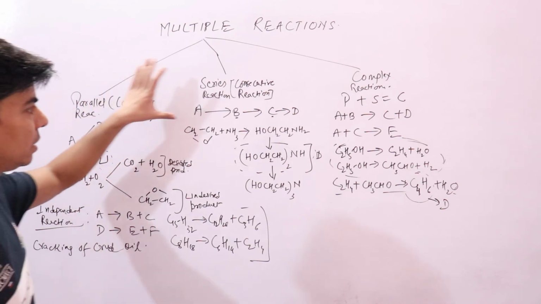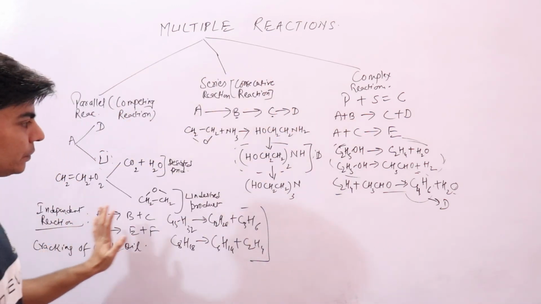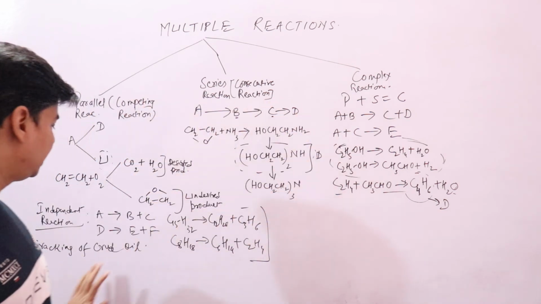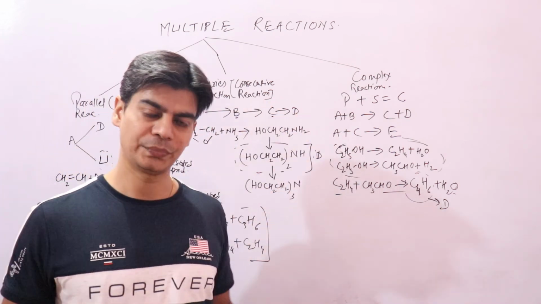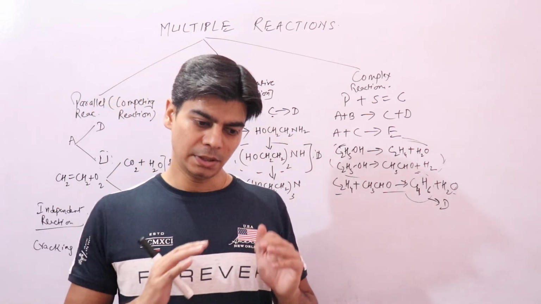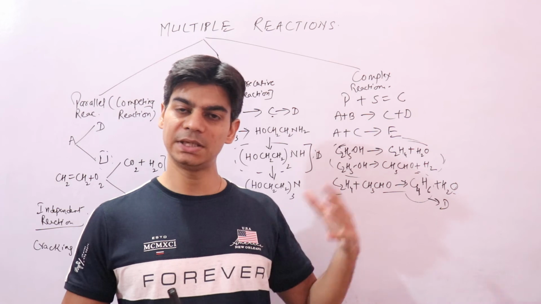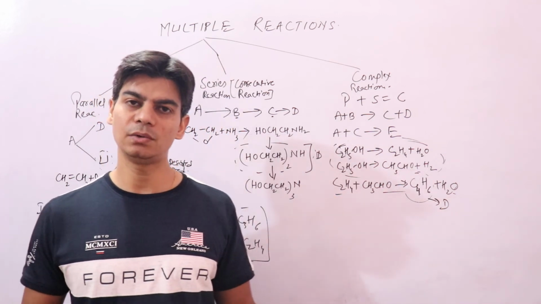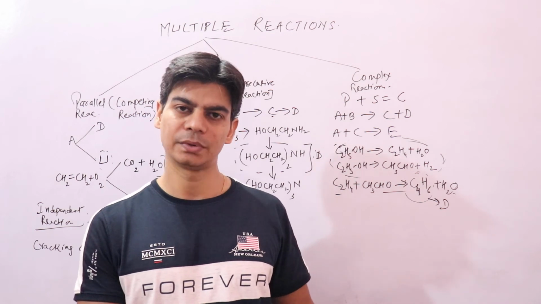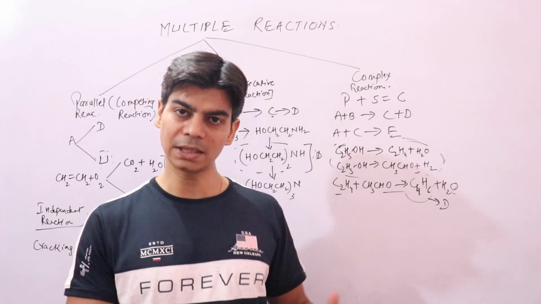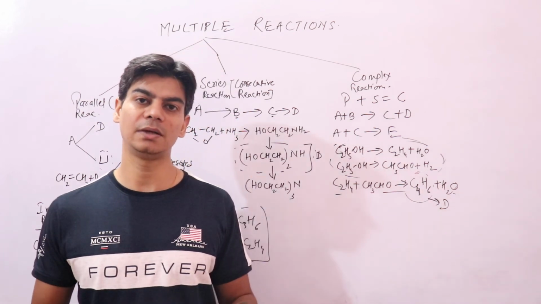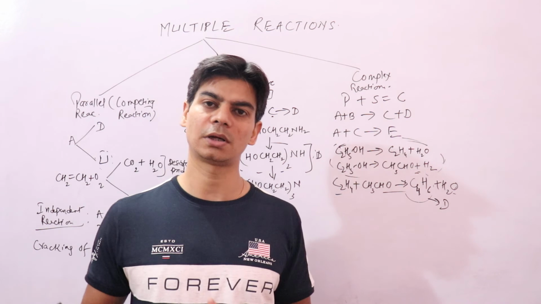So these are the 4 types of reactions: parallel, series, complex and independent reactions that occur in a chemical reactor. In these types of reactions, what we are trying to explain is that in addition to the main reaction that gives you your desired product, there are some reactions that give you undesired products also.